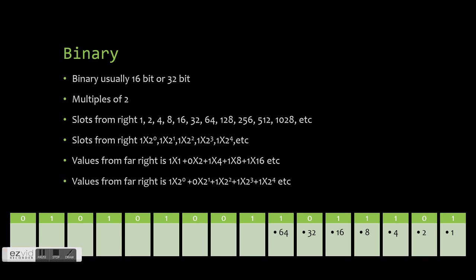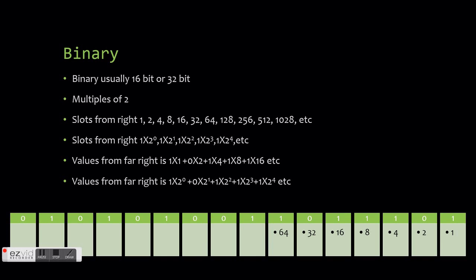The calculation is the same as demonstrated on the previous slide. Multiply the value of the bit, 0 or 1, times the slot and then add all the values together. So the values from the far right: take 1 times 1 plus 0 times 2 plus 1 times 4 plus 1 times 8 plus 1 times 16 plus 0 times 32 plus 1 times 64, and so on.